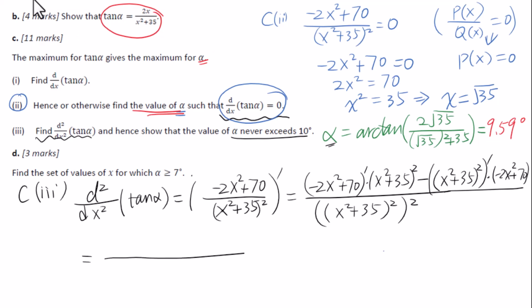Equals denominator x squared plus 35 to the fourth power.